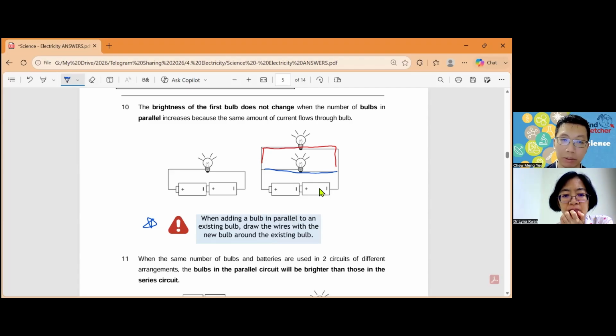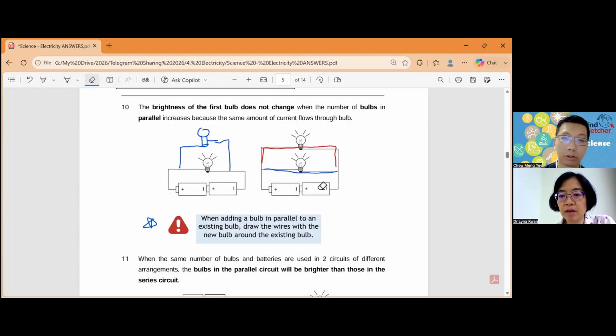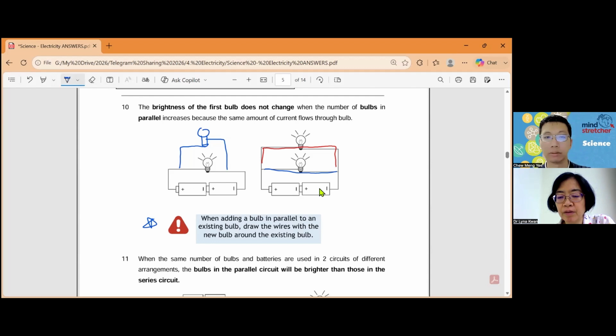So for this light bulb here, when you draw across it, that means you have another wire coming from the left wire and another wire coming from the right wire. So this is what I mean by across, around the first light bulb. Of course, all these must be connected properly.